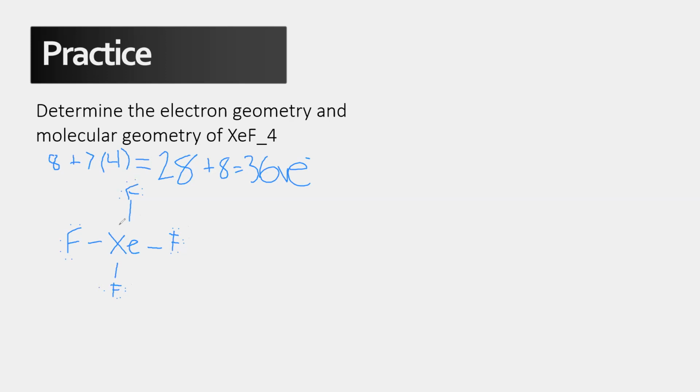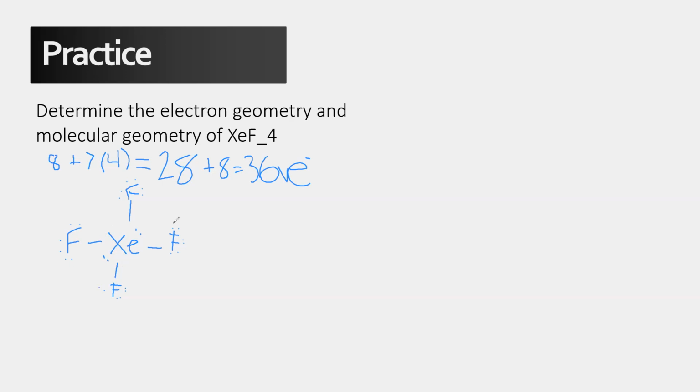If we have 8 electrons plus 8 plus 8 plus 8, then we have a total of 32 electrons, and we actually have 36 available. Because xenon is quite far down on the periodic table, it is capable of expanding its octet. So it can have 2, 4, 6, 8, 10, 12 valence electrons here. Now we have our Lewis dot structure.